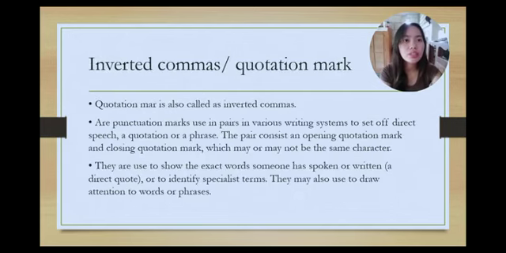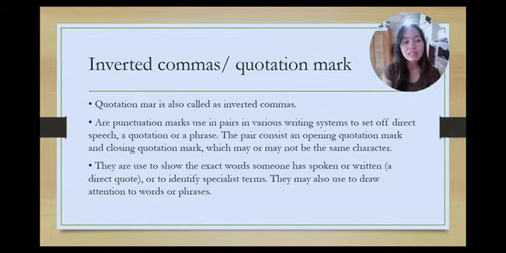Okay? So next is the inverted commas or the quotation mark. So quotation mark is also called inverted commas. Inverted commas and quotation marks are one. They are not different. Inverted commas or quotation marks are punctuation marks used in pairs in various writing systems to set off direct speech, a quotation or a phrase.